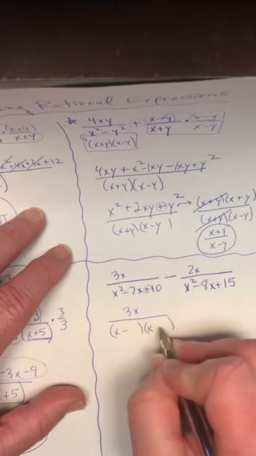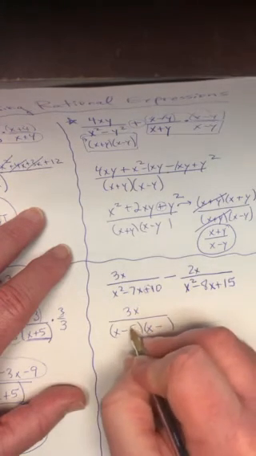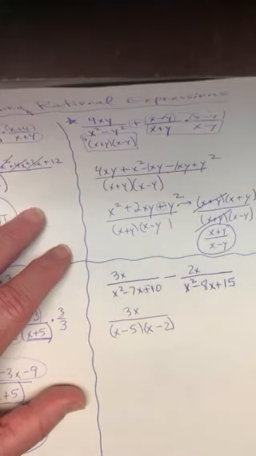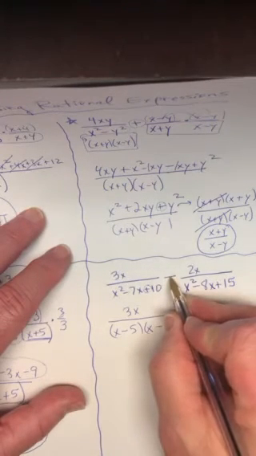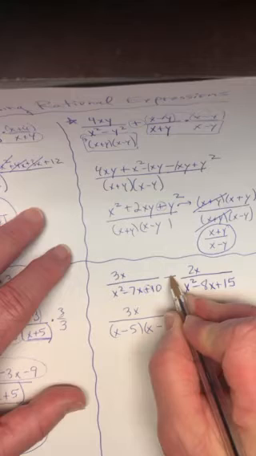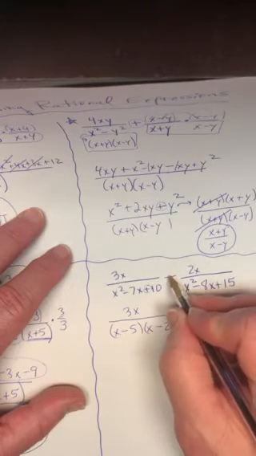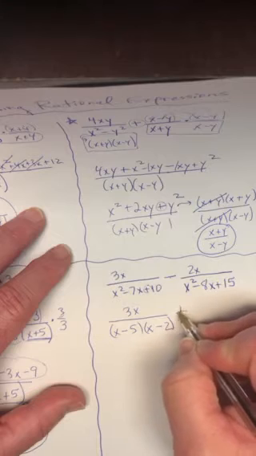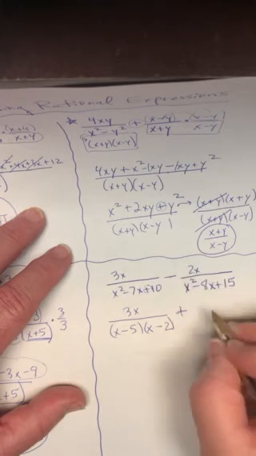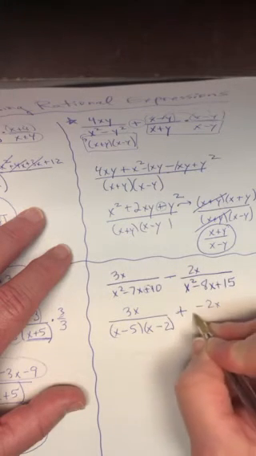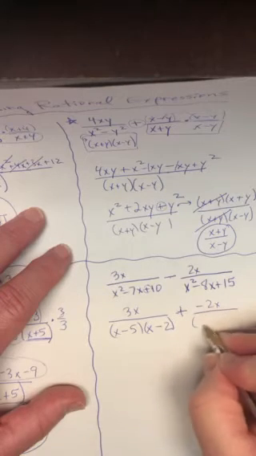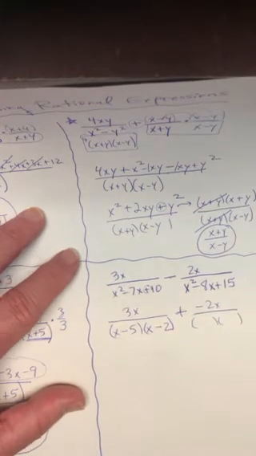Both minus and minus. And we'd use what? 5 and 2. I see a minus sign. We just got done saying on the last problem, you change subtraction to addition and change the sign of the next number. So that next number is going to change to negative 2x over, and I'm going to factor that denominator.